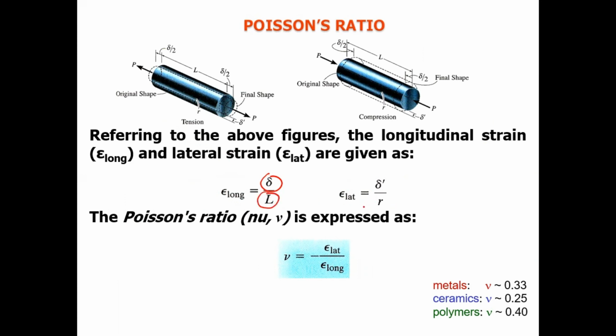Lateral strain is the strain in the lateral direction, deformation in radius. The Poisson's ratio is expressed as ν equals lateral strain divided by longitudinal strain. So this is the value of Poisson's ratio for different materials.